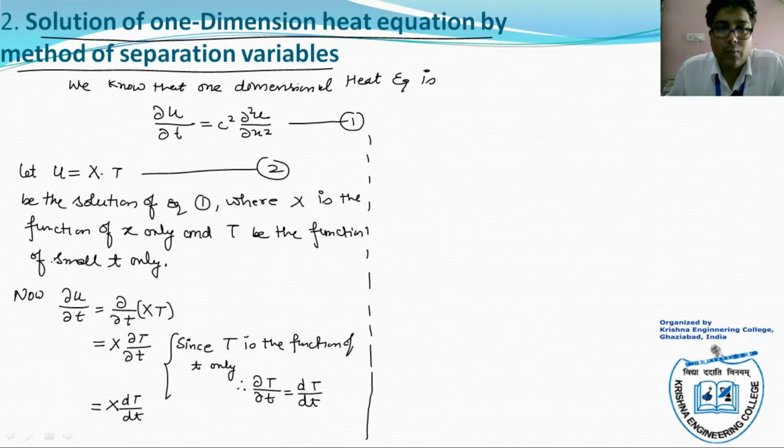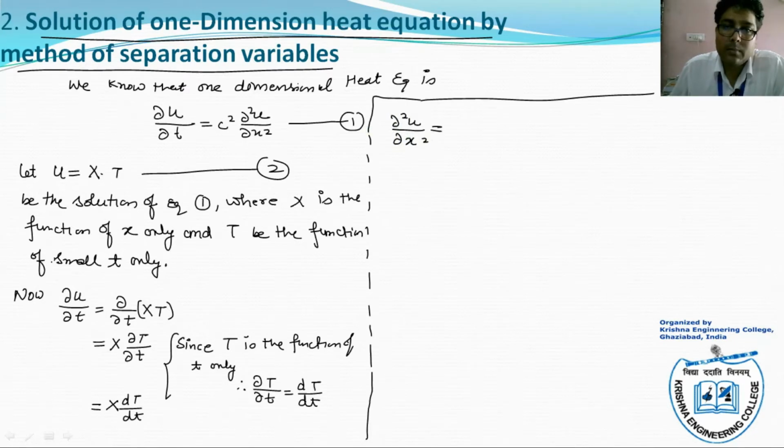Also find del square u over del x square. Clear?